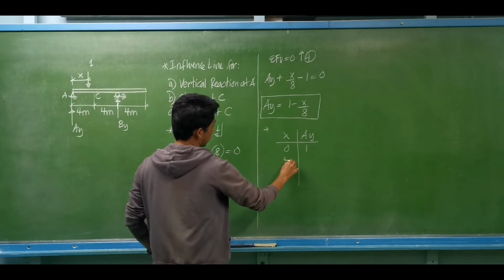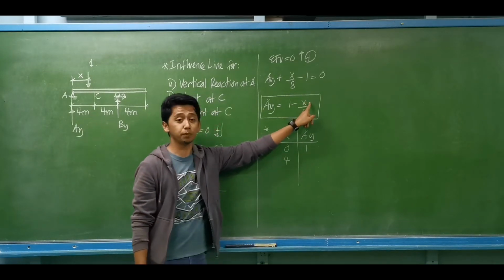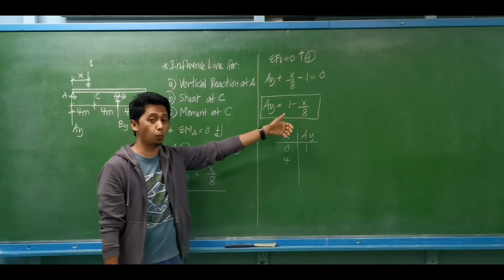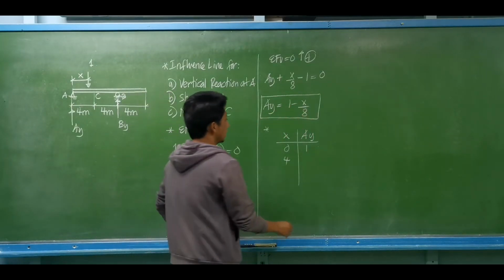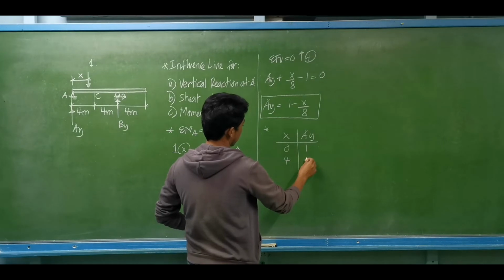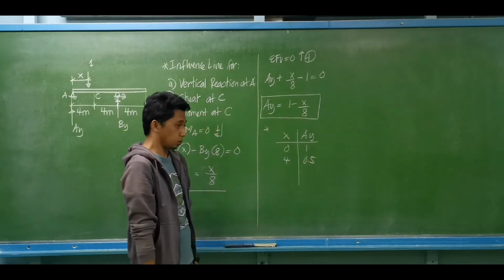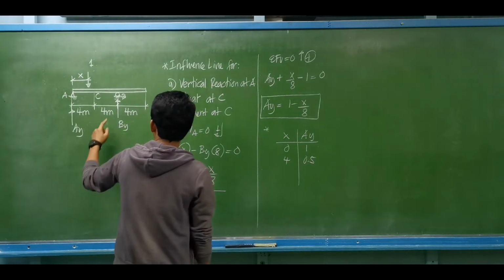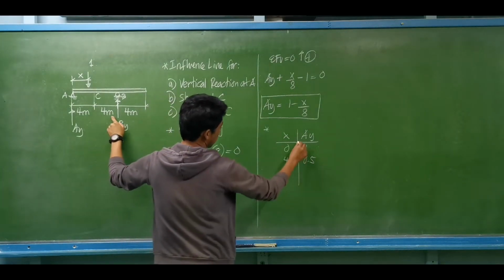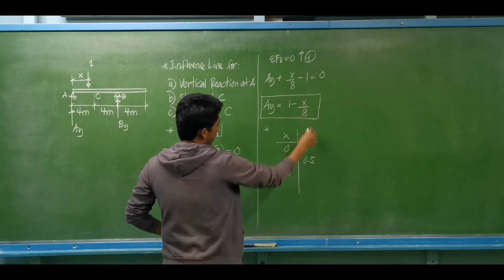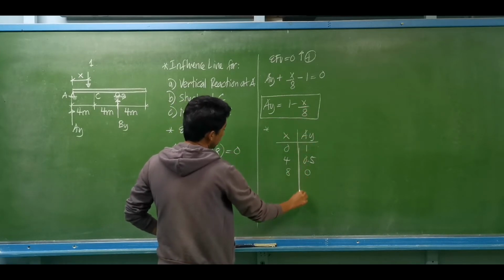At x equal to 4, that is 1 minus 4 over 8, which is 1 minus 1 half, that is 0.5. Then at x equal to 8, what is 1 minus 8 over 8? That is 0.